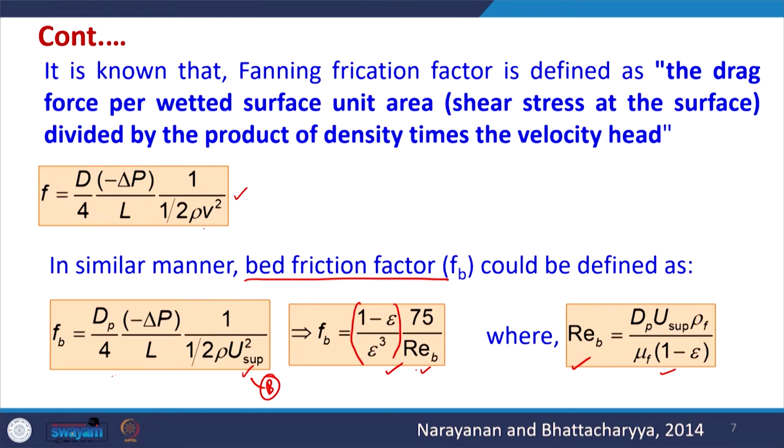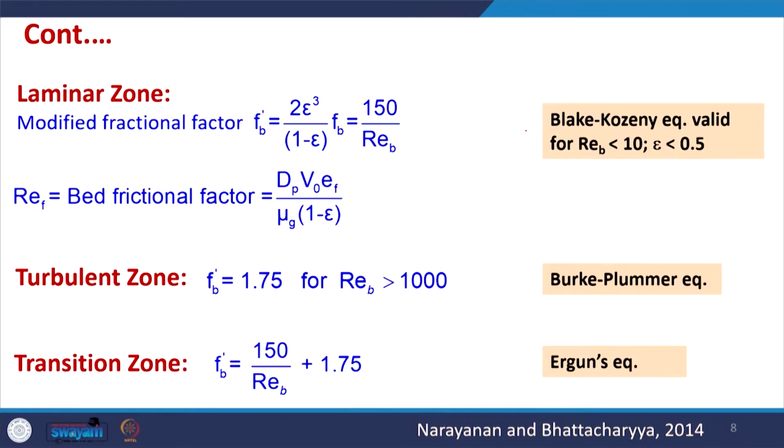Similar to Hagen-Poiseuille or other equations which are valid for laminar, turbulent or transition zones, here also we have to define these zones. These were studied in detail, and then certain conditions evolved. There is the Blake-Kozeny equation, which is valid for Reynolds number less than 10 or bed porosity less than 0.5.